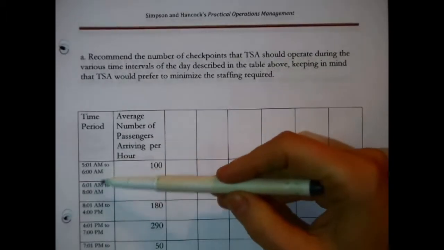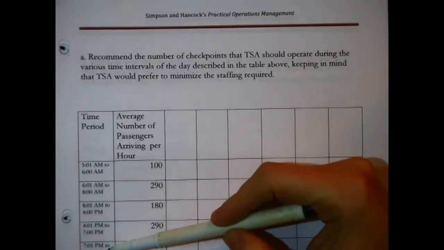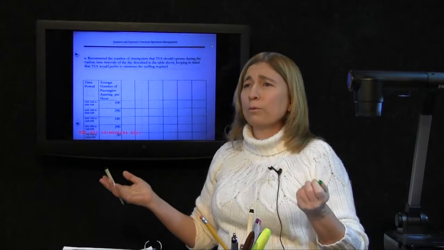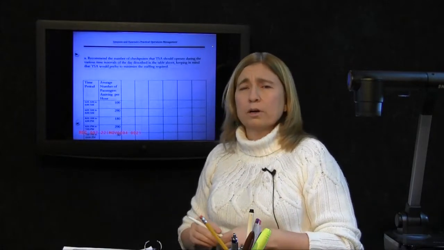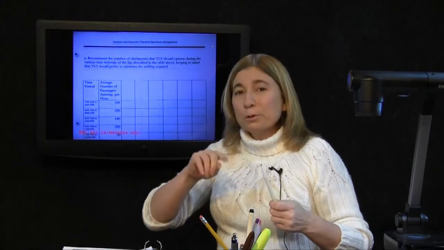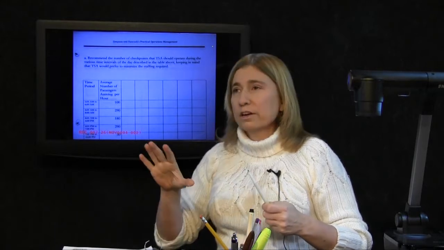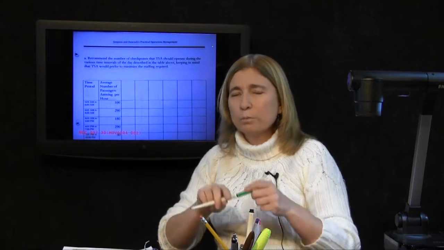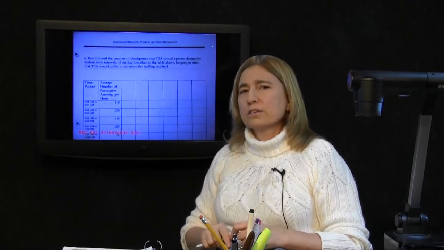So for each of these major time periods, we're to find out how many checkpoints TSA should have open. How are we supposed to decide how many they want to have open? W sub S less than 10 minutes, so that the overall delay, that's what will make them happy, is less than 10 minutes.